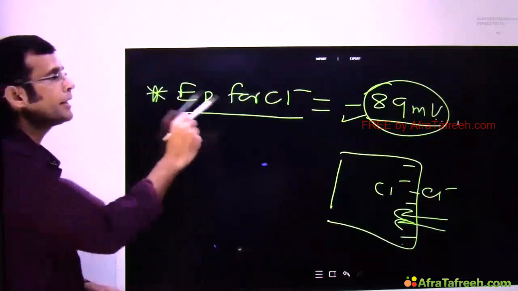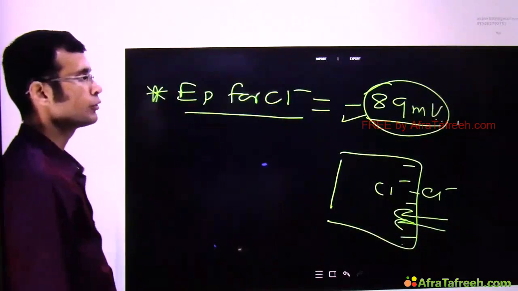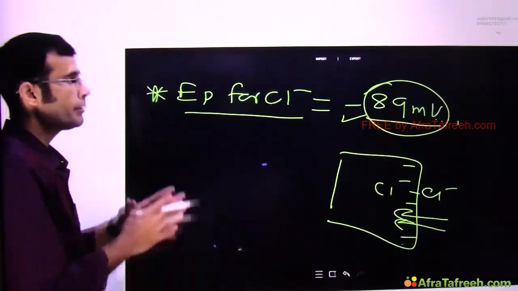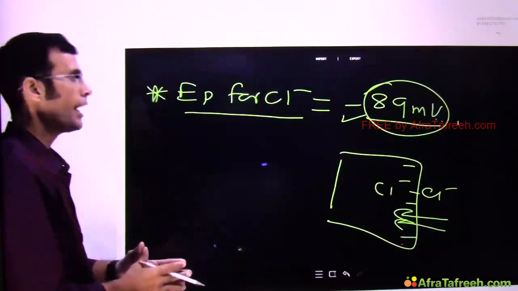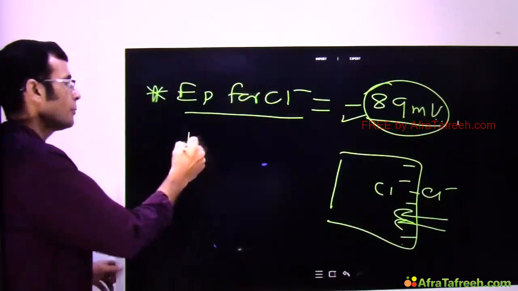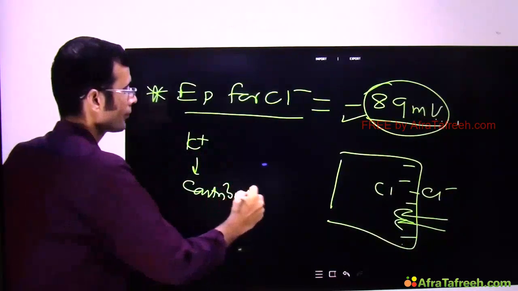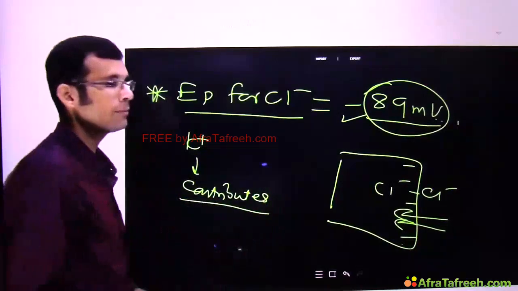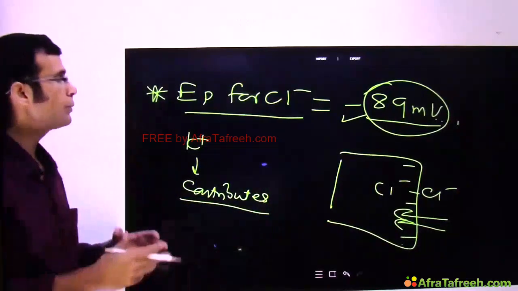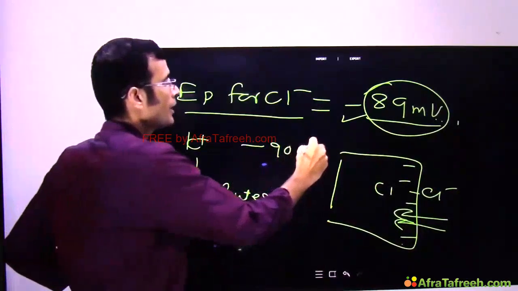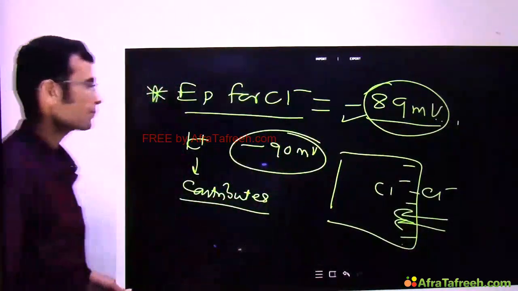Now, what is the meaning of this minus 89 millivolts value so close to the RMP? You see, it means that it is the potassium which contributes maximally. It is the potassium which causes the RMP to be established, and the RMP being minus 90 millivolts.